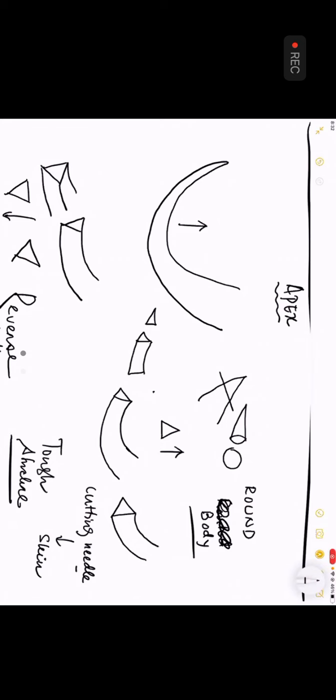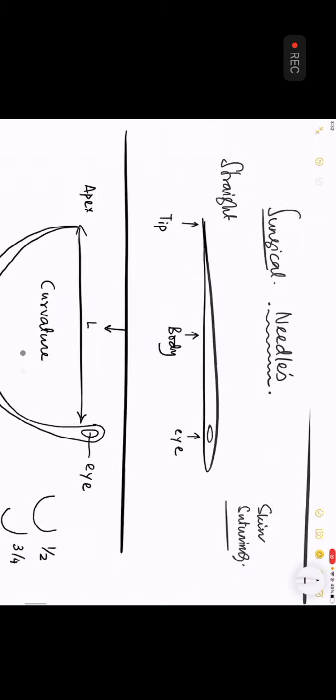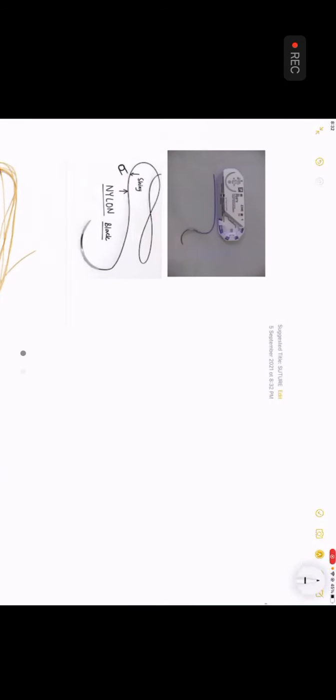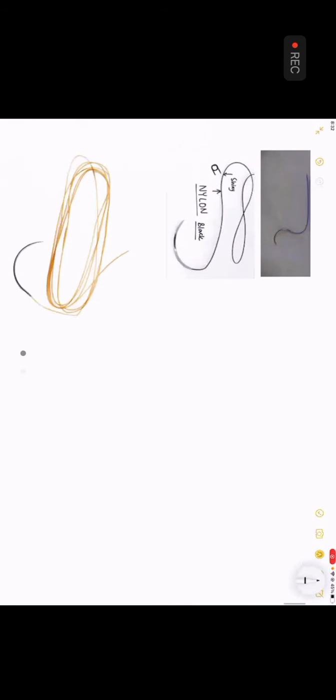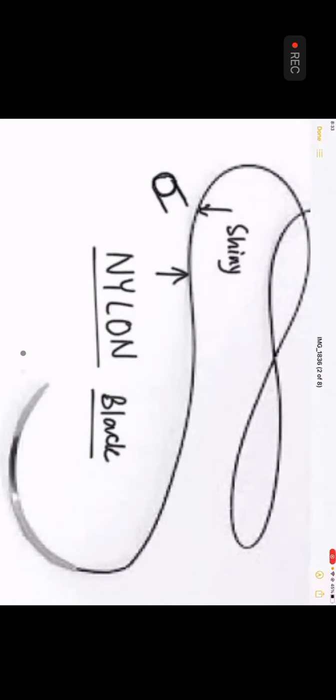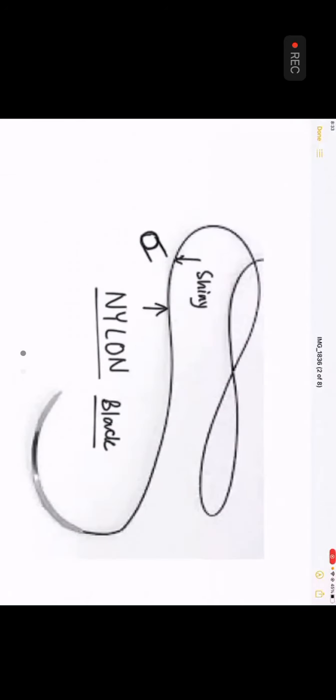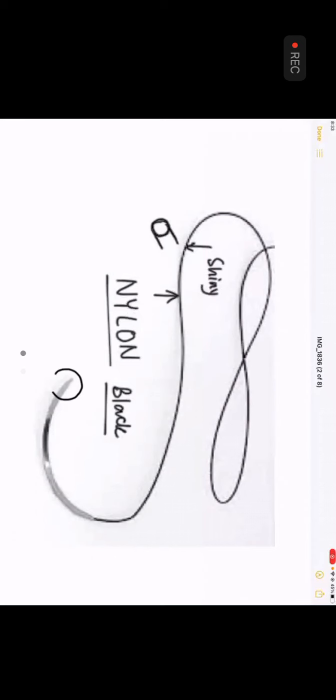So these are the three types of needles: round body, and cutting, which is for tough structures. That means the apex of the triangle is towards the concavity, and if it is reversed, that is a reverse cutting needle. So this is all that you are required to know. If you have understood that, then tell me, as I've said, this is very difficult to see in 2 dimensions without feeling it. Can you tell me what the tip of this needle is?